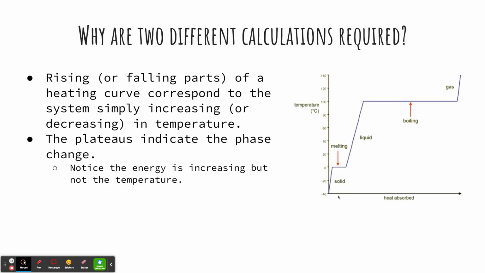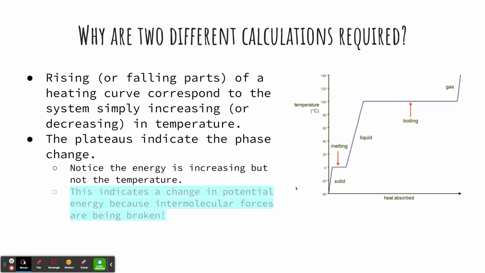We're still absorbing heat into our system, but the temperature has not moved. Well, that's because, folks, this is indicating a change in potential energy because intermolecular forces are being broken. Going from the solid state to the liquid state, I have to break some intermolecular forces. And then again, from the liquid state to the gaseous state, I have to break intermolecular forces again.